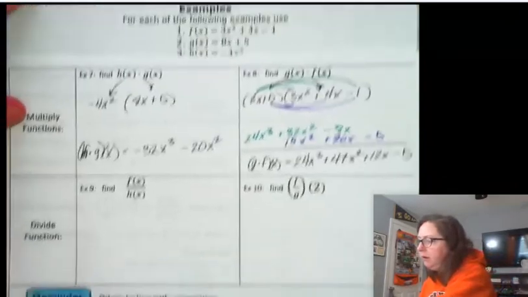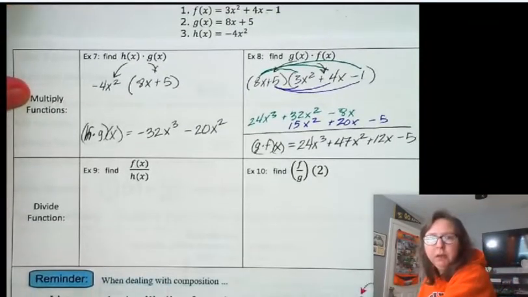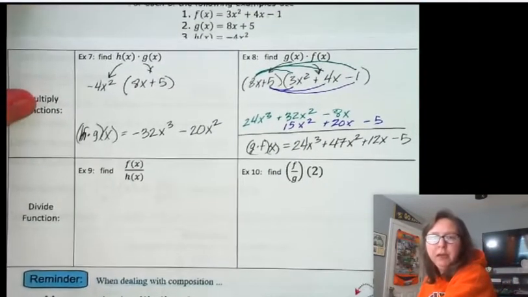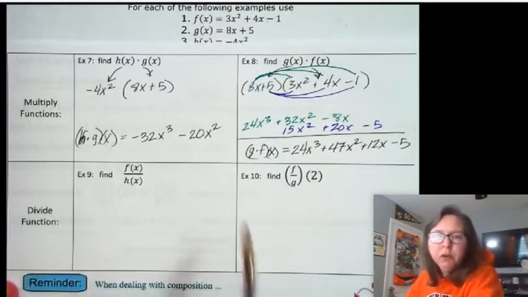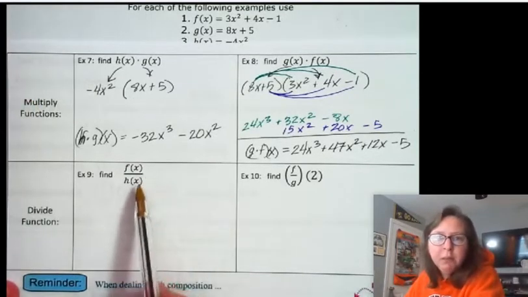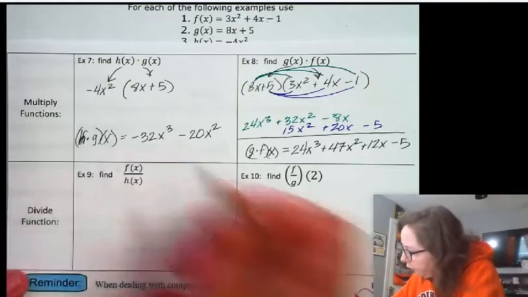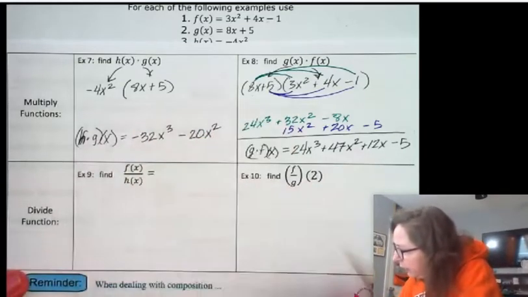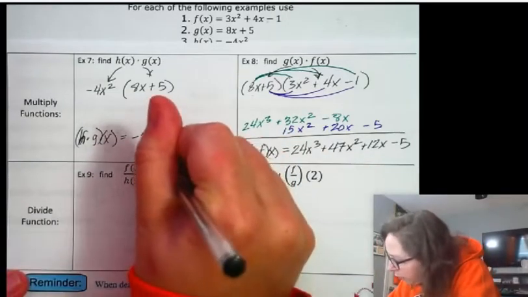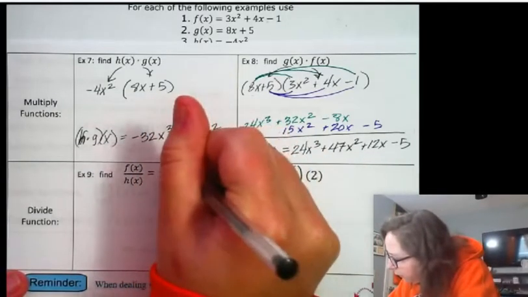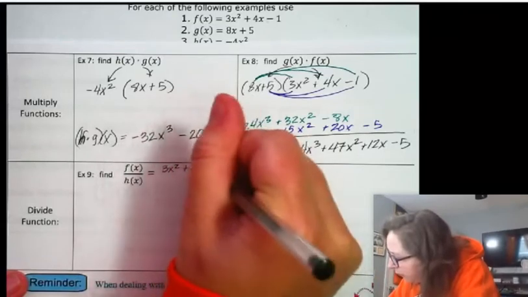Okay, let's take a look at some dividing. So I'm going to start with f of x on top divided by h of x. So let's see how we do this. So f of x is, again, 3x squared plus 4x minus 1.